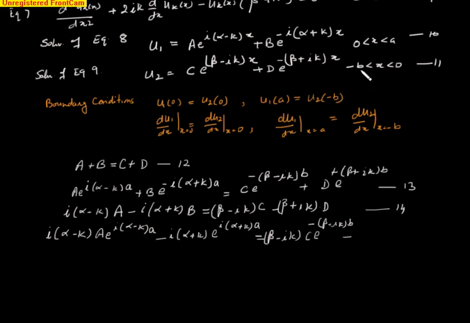Then the next term is plus, so let us put this value here in differentiation, that is minus (β + ik), (β + ik) here, multiplied by d e. Now this term minus (β + ik), but I have to put minus b, therefore b, it becomes plus. So this is our equation number 15.